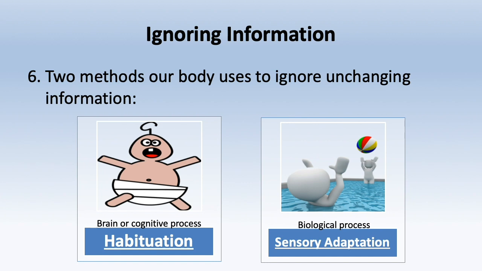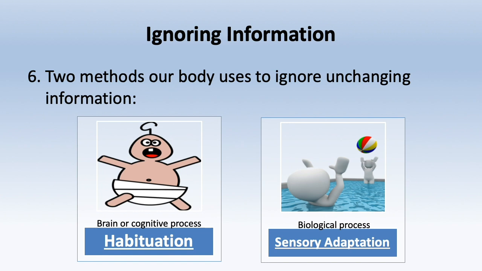Sensory adaptation is a biological process in which your body tunes it out without necessarily using your thinking processes. So, for example, if you get into a cold swimming pool, at first you might feel, ooh, it's really cold, and you might not want to jump in right away. But if you step your toes in and you slowly wade in, then your body slowly adjusts to that new temperature.